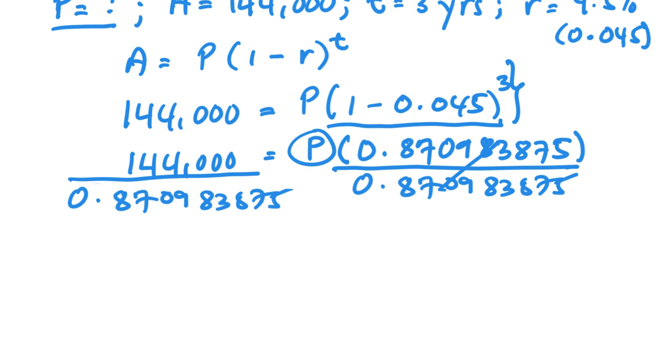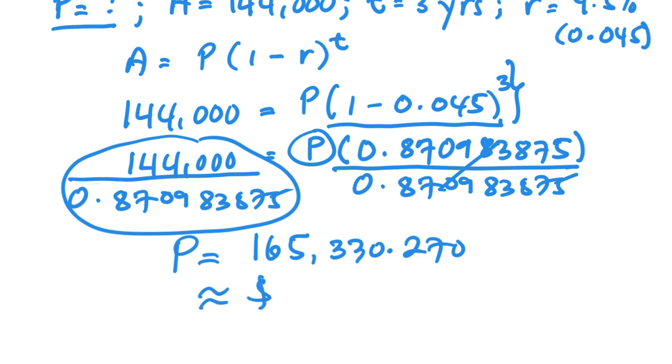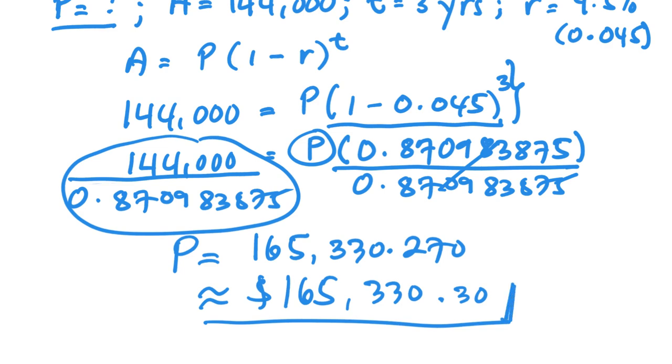So what's left here is P, and then put this in your calculator, and that should give you around 165,330.27. This is an estimate. So that is the principal.